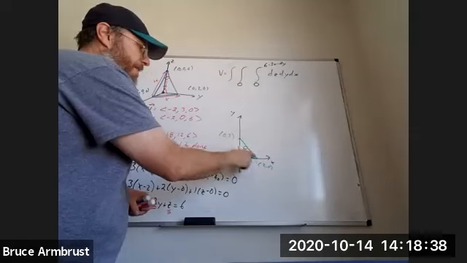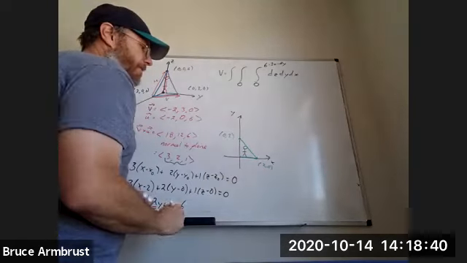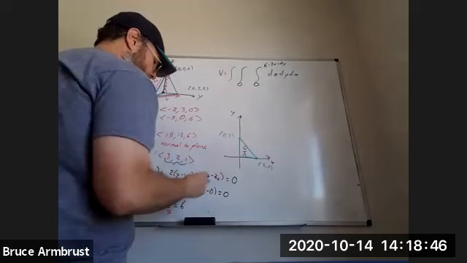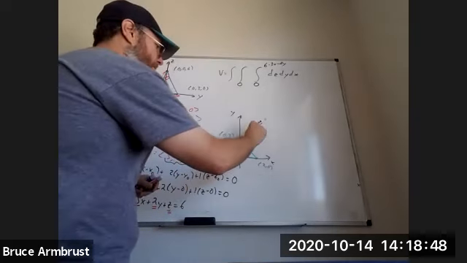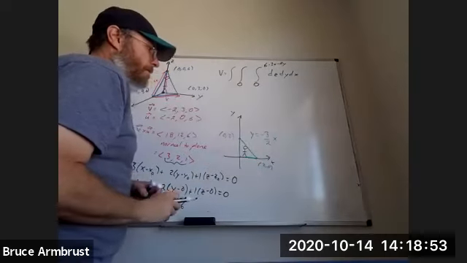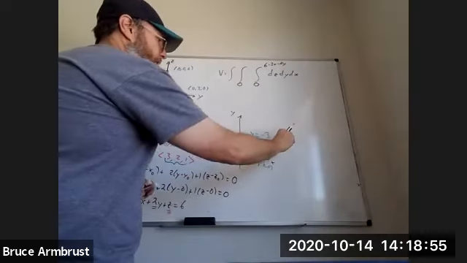The equation of that line. Okay, we need to get the equation of this line right here. All right, well, its slope, we're going down 3 and over 2. So that means that the slope is going to be minus 3/2. And the y-intercept is 3.